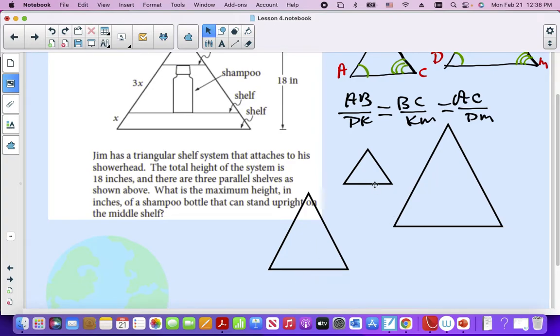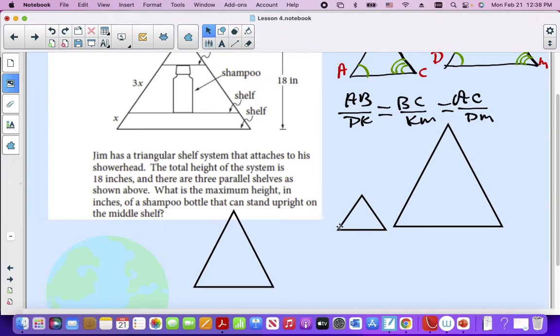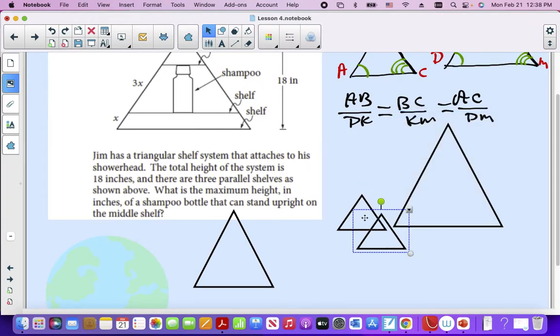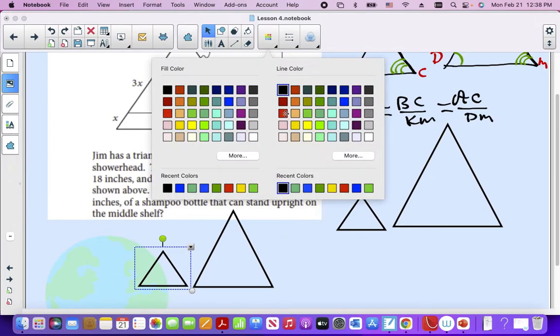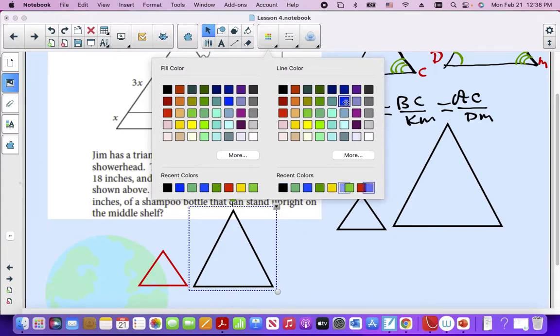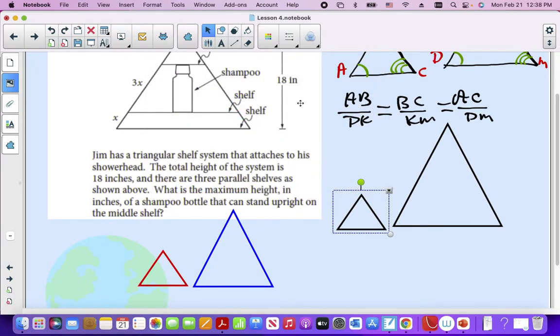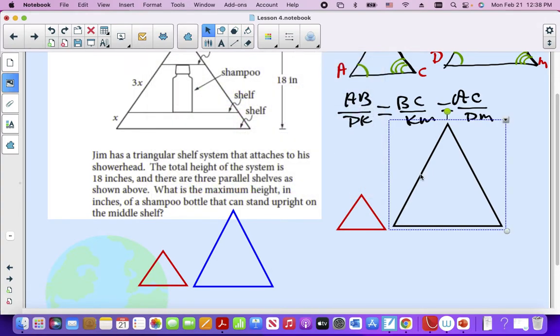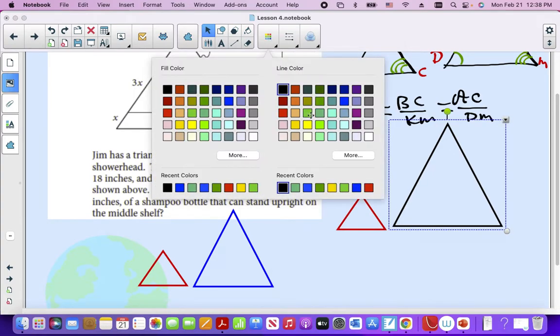Now I'm going to make similarity between the small and the large, and the small and the medium. So I'm going to clone this and move it in here. Let me give it different colors: this one red, this blue, this red again, and this, say, a green, just to distinguish between them.